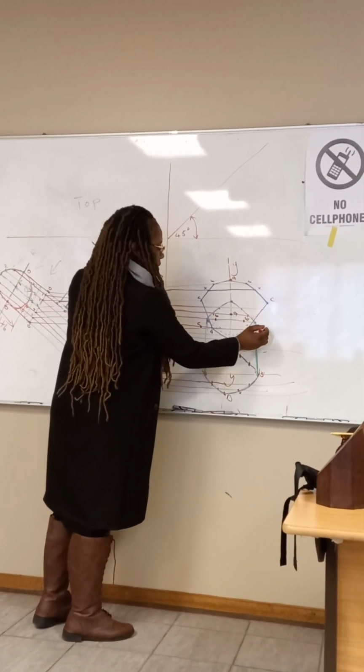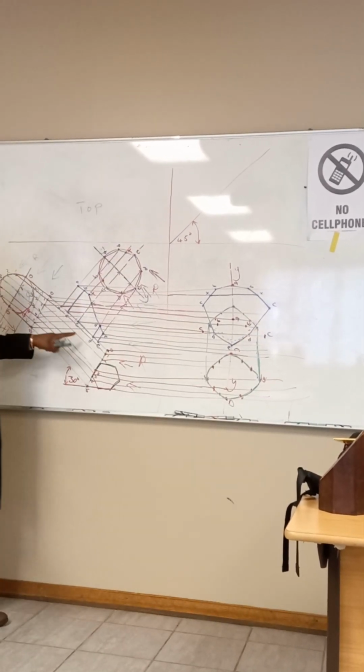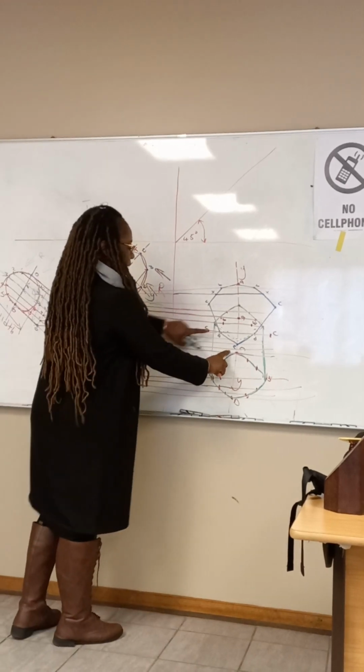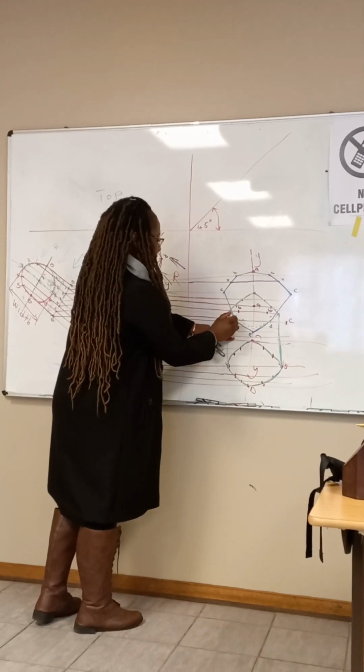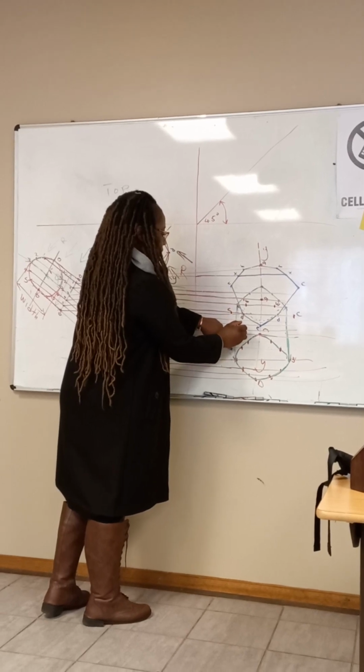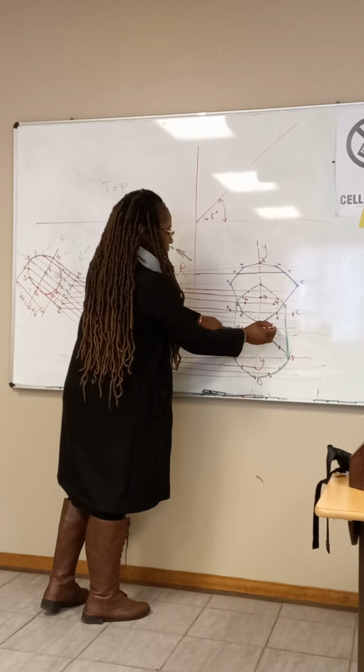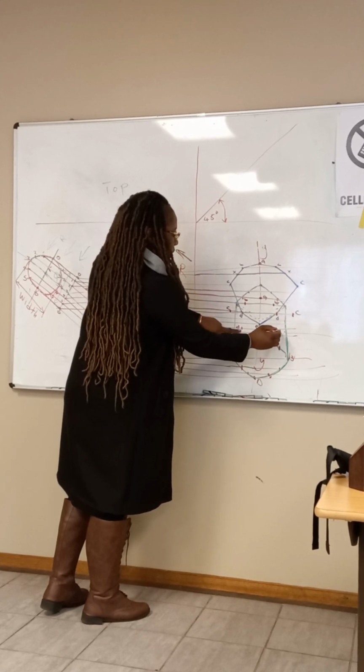Can you see? D. You go with your line for D, and it will be about below D here. D. And also here, below D. D.